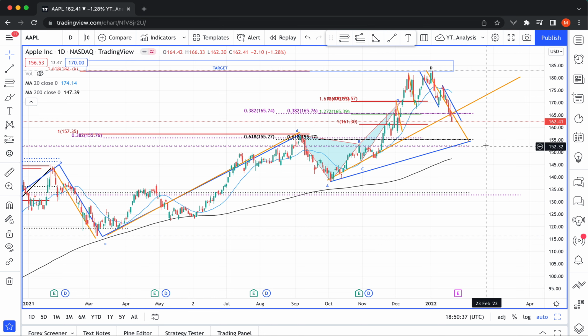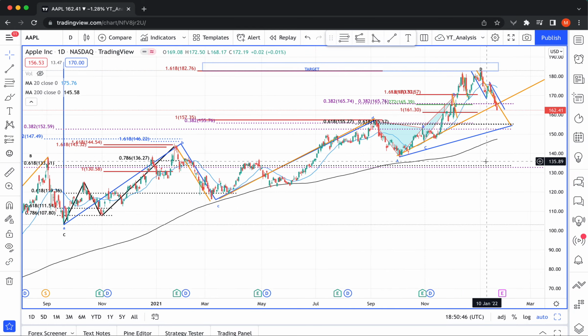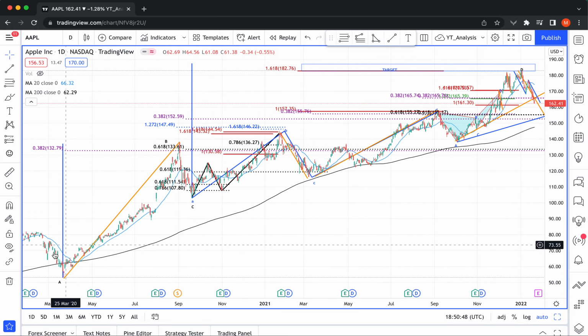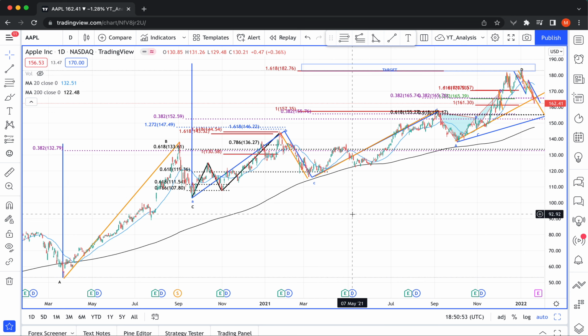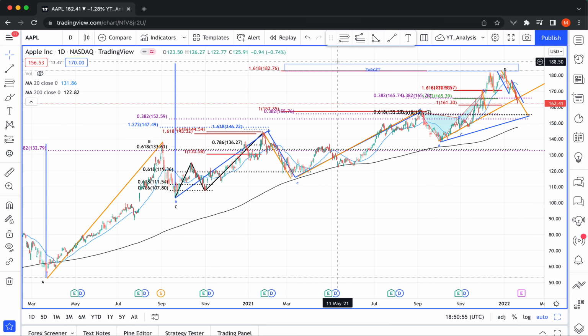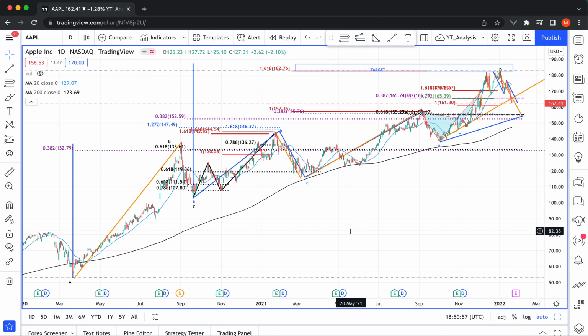Or if it begins to close below these levels, particularly the 200-day moving average, then it is likely going to indicate that this correction of the larger ABCD move is in play, and Apple could see a much larger correction then.